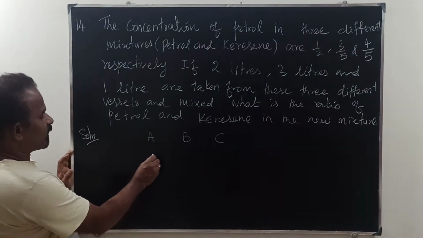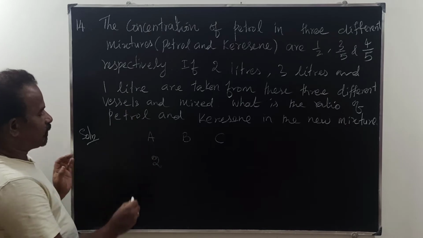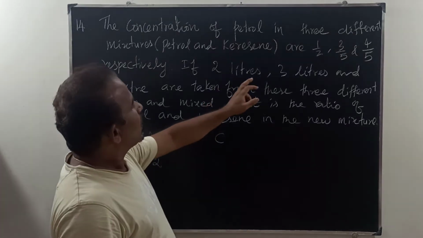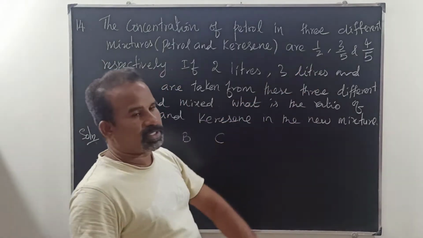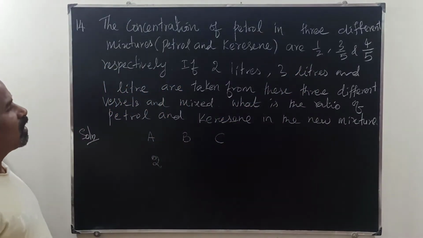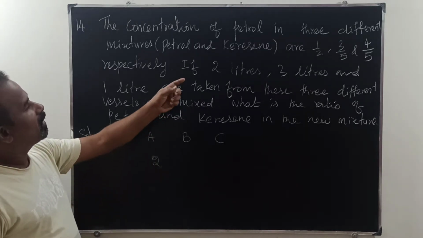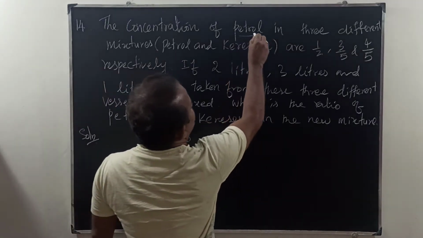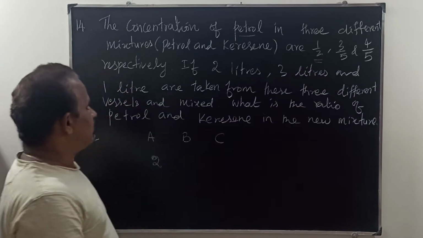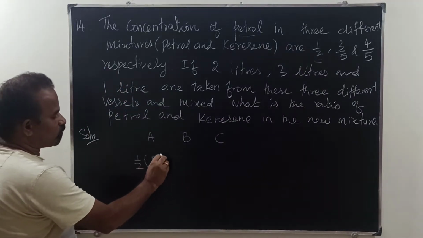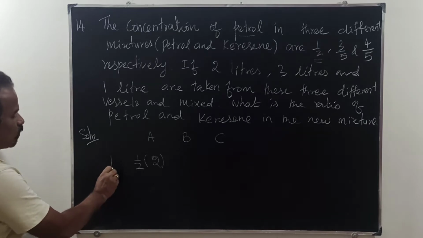so 2 liters is taken from A. Out of 2 liters, 1/2, that is half of the mixture is petrol. So therefore out of 2 liters, 1/2 of 2 is petrol.